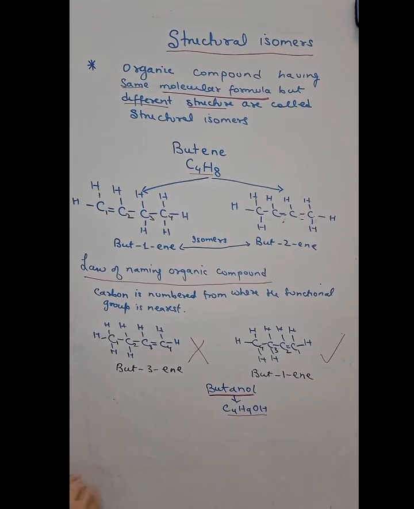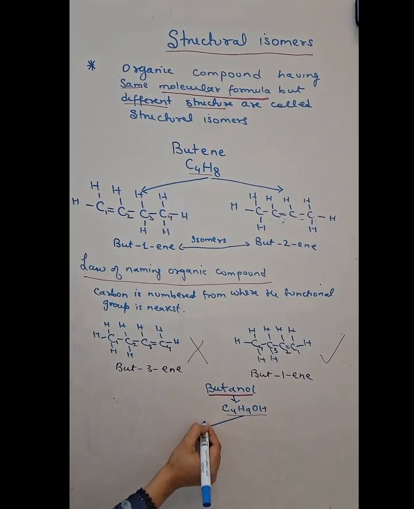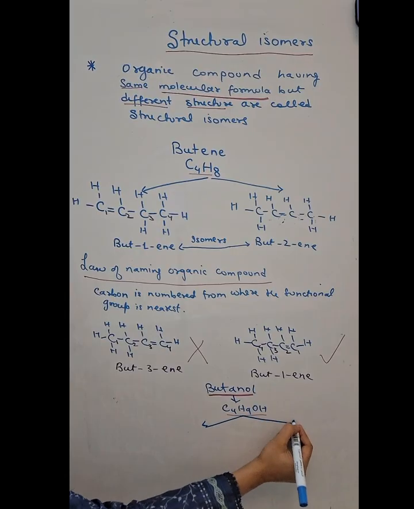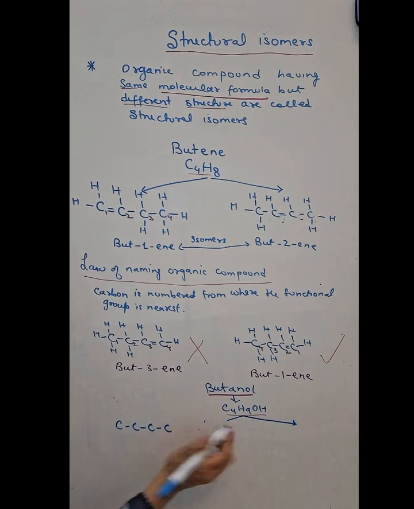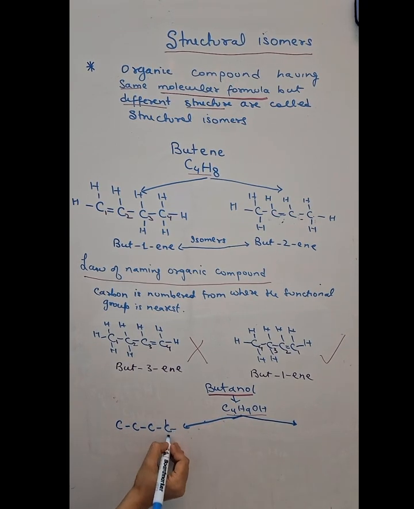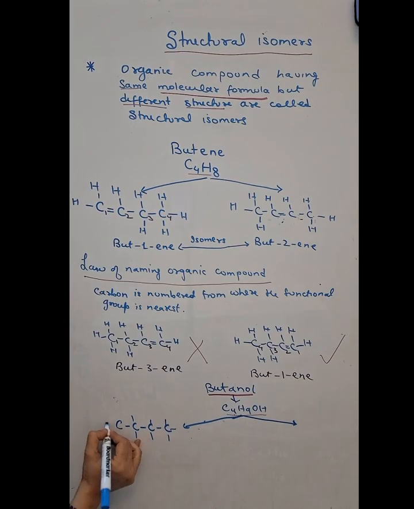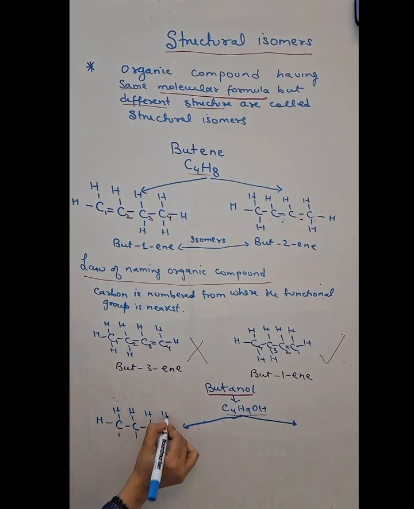Now you see this. 1, 2, 3, 4 carbon with 9 hydrogen, H, and 1 OH.